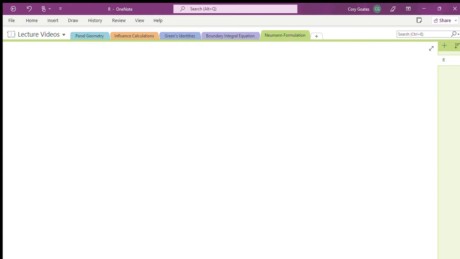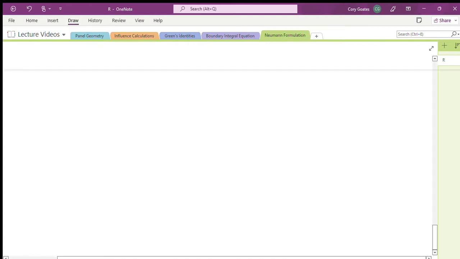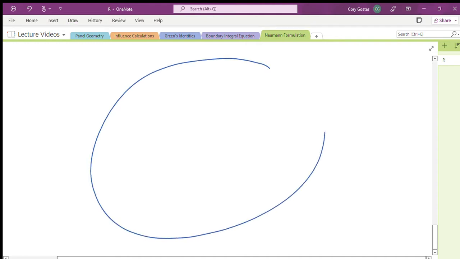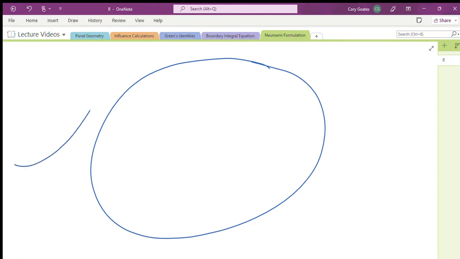Now, let's go back a bit and talk about Green's identities. Remember, if we've got some surface S, and we've got a flow outside of here, and that flow outside is governed by some velocity potential phi.